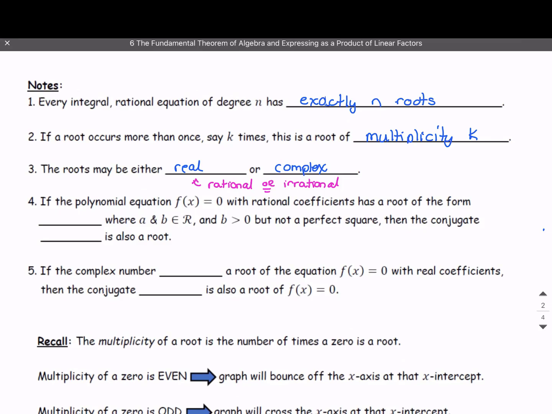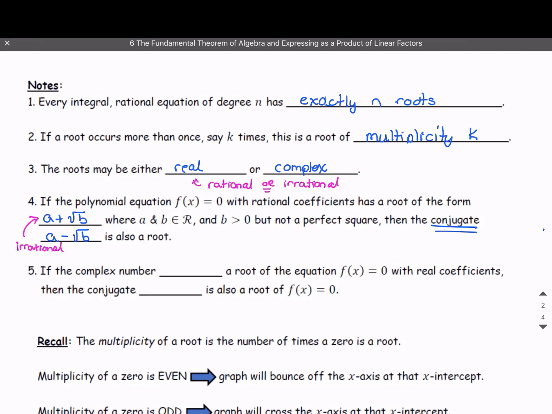So now, if the polynomial equation f of x equals 0 with rational coefficients has a root of the form a plus the square root of b, in other words, it's an irrational root, where a and b are real numbers, and b is a positive number, but not a perfect square, then the conjugate a minus radical b has to be a root.